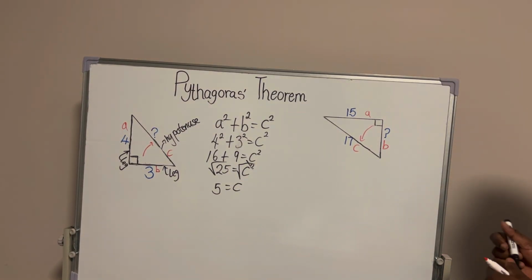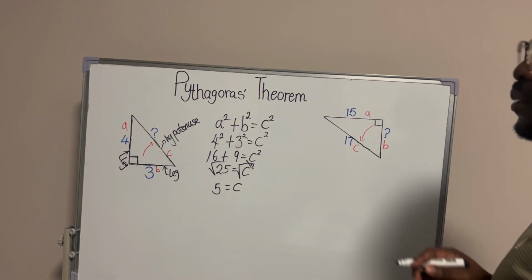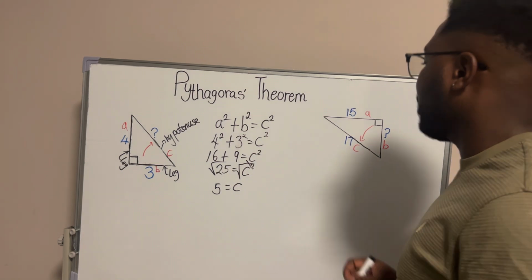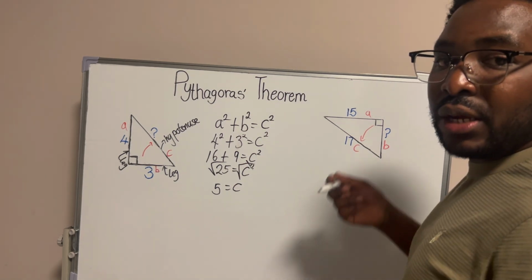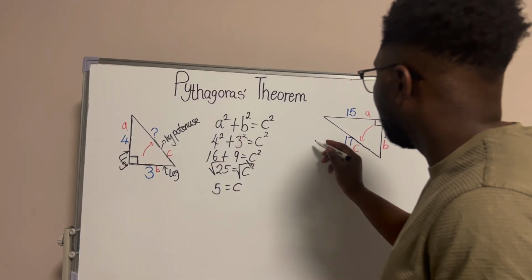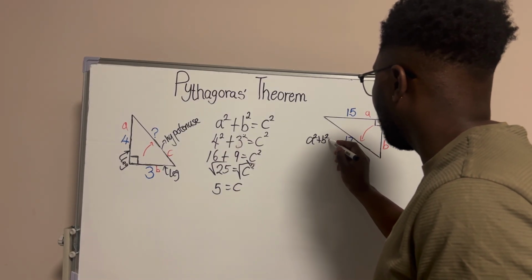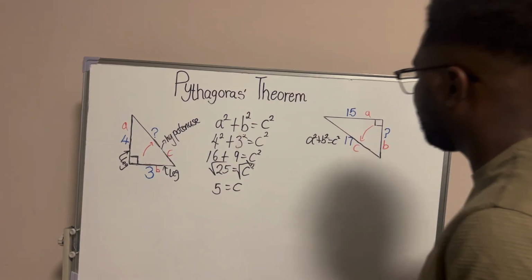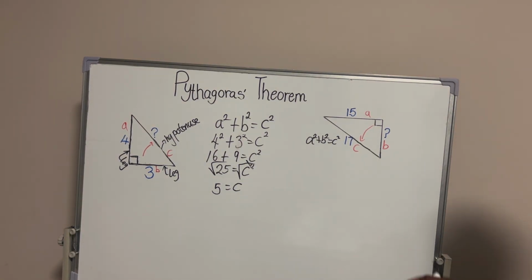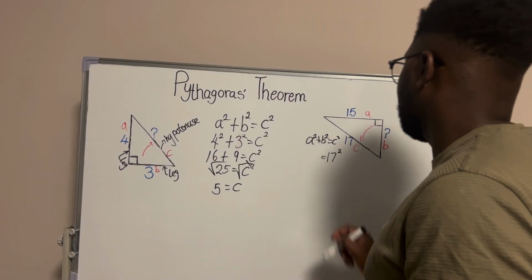All right, so we already know the equation that we are supposed to use. If you remember, it's over here, yes? Which is A squared plus B squared equals C squared. We already have our C over there, so our C squared will be 17 squared.